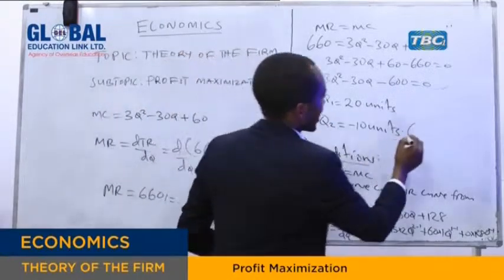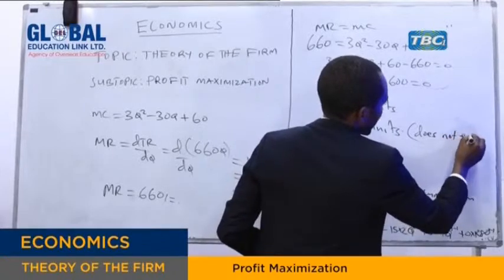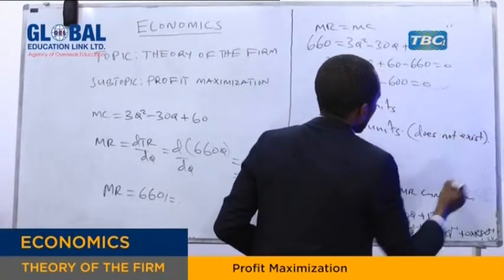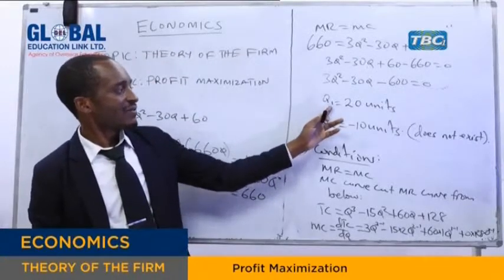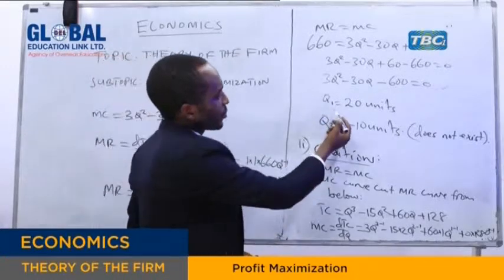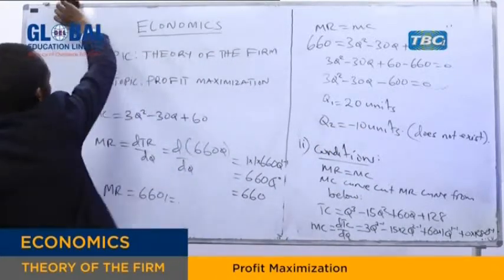So the maximizing level of output should be 20 units.